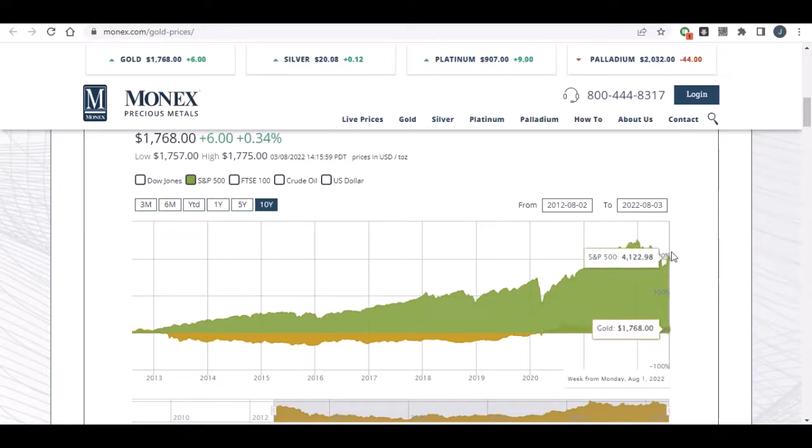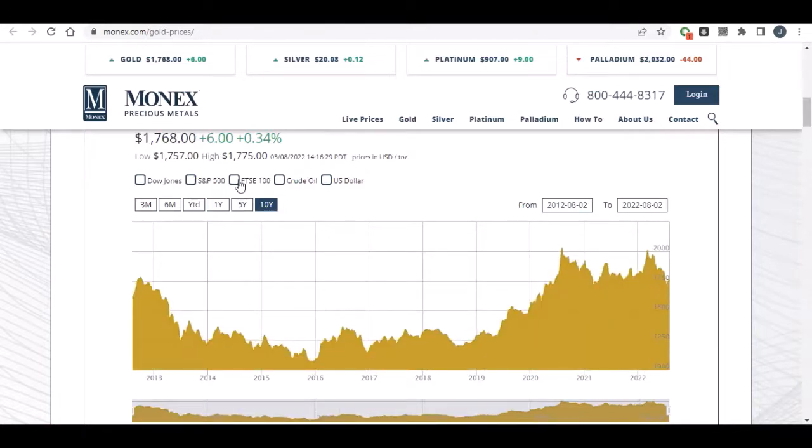With the S&P 500, you can see on the scale there, it's up around the 200% mark, as against the gold, which is, I don't know what that would be actually, but would it even be as much as 10%? I'm not sure. Let's take that off.